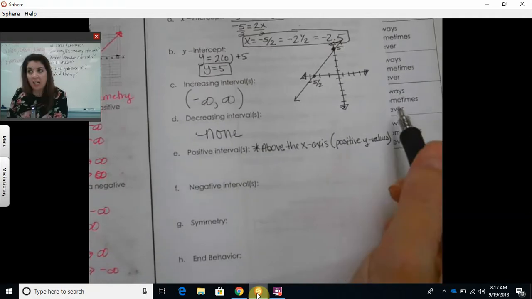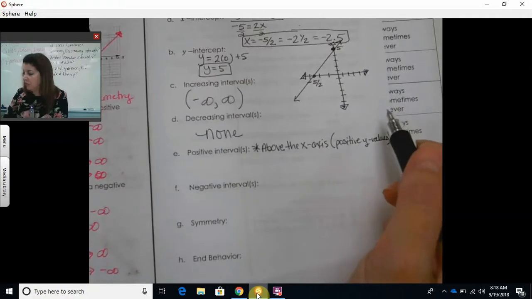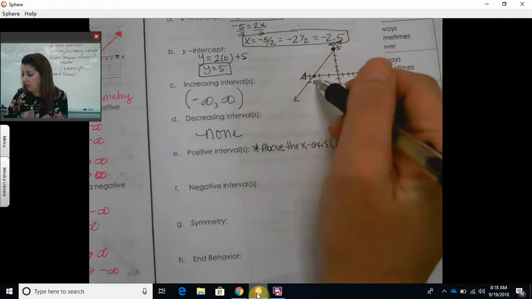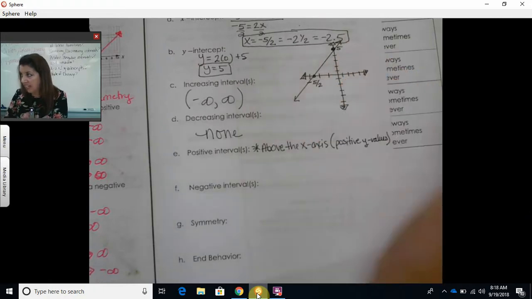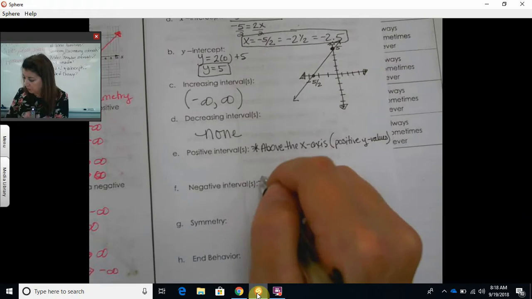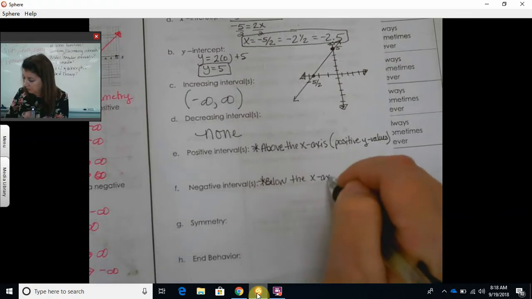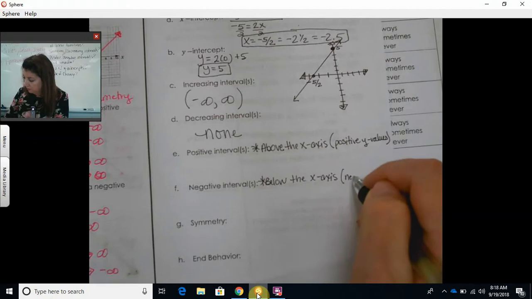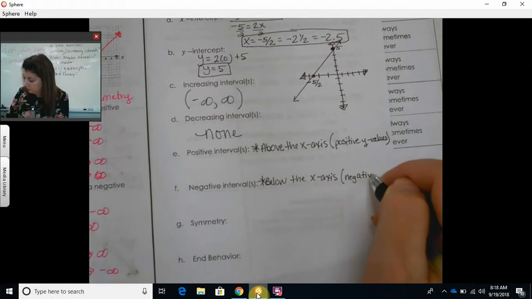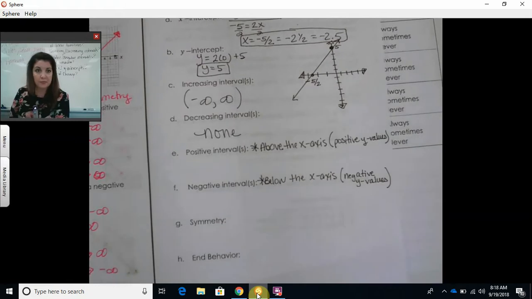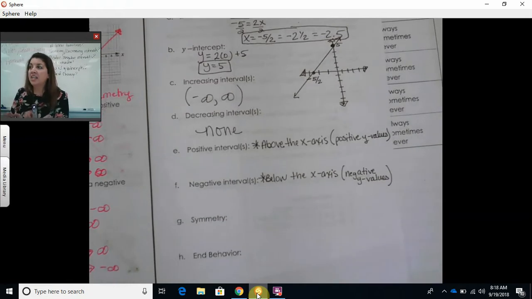Negative intervals, that's not decreasing, totally different. It means what part of my graph, if any, is below the x-axis or has negative y values. And then any point that's on the x-axis is not positive or negative because it is the x-axis. That's like your boundary for positive and negative.